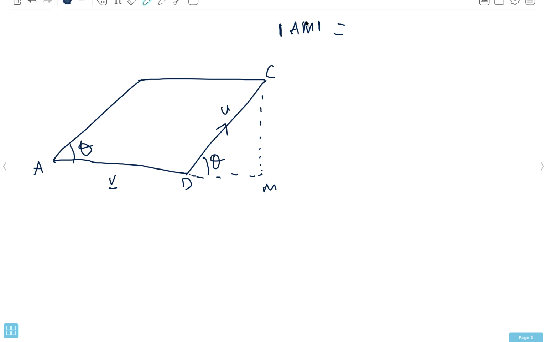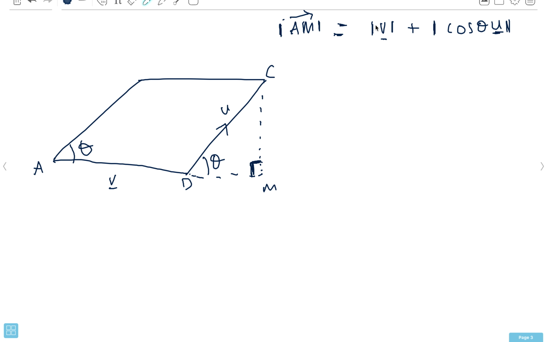Length of AM. This is just the length of AD and the length of DM. So the length of AD is just the length of v, since AD represents v. Since this is a right angle triangle, we can use trigonometry to figure out what DM is. So it's plus the length of cos theta u.